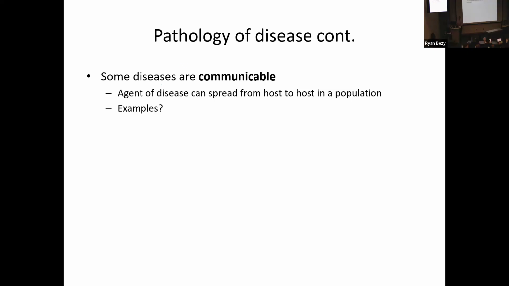What would be an example of communicable diseases? Flu. I think I heard COVID-19. What else? We've talked about several pathogens of interest over the course of the semester. What might be some communicable ones?